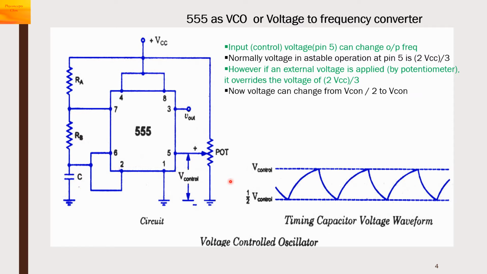Now the voltage can change from Vcon by 2 to Vcon, as shown in this figure. So the capacitor will now charge according to these voltages. Hence the charging and discharging time of the capacitor is altered. This changes the period and hence the frequency of the circuit.